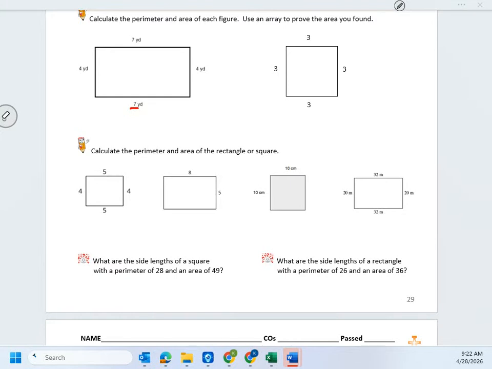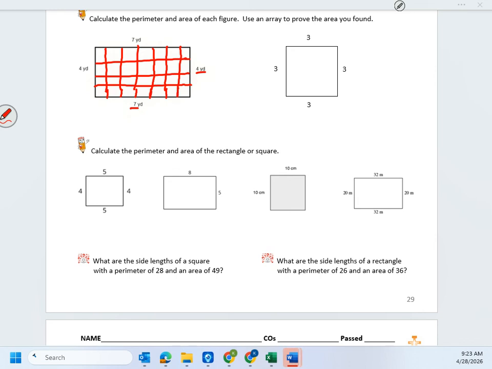Make sure we've got 7. Then how many going up? 4, because it's by 4. So I'm going to draw my straight lines across, trying to make them as even as possible. This would be our arrays.